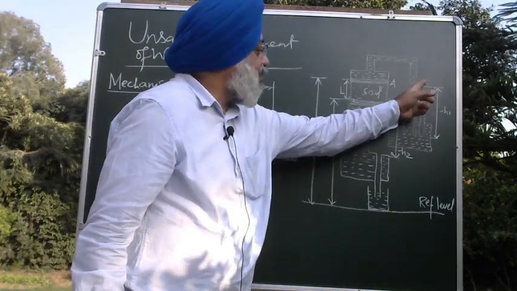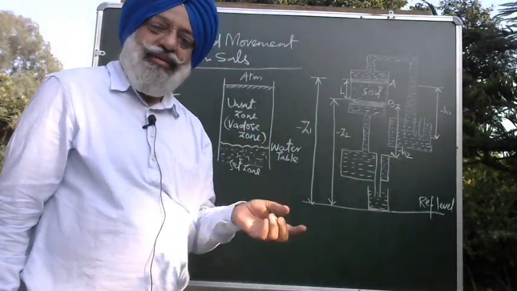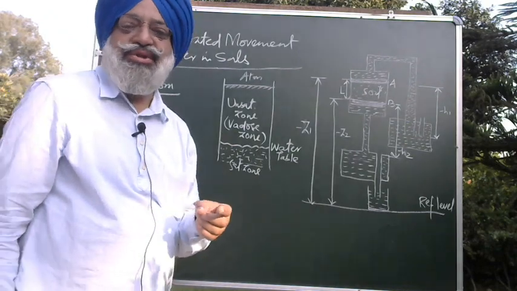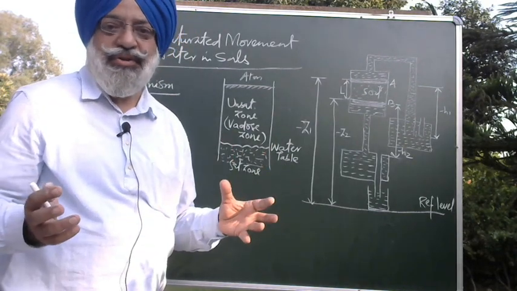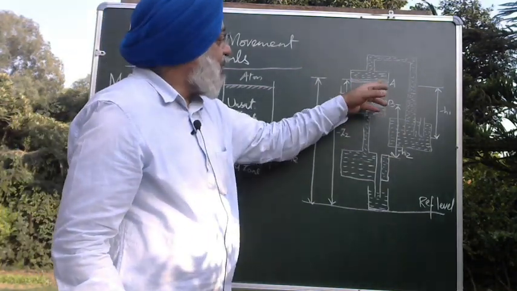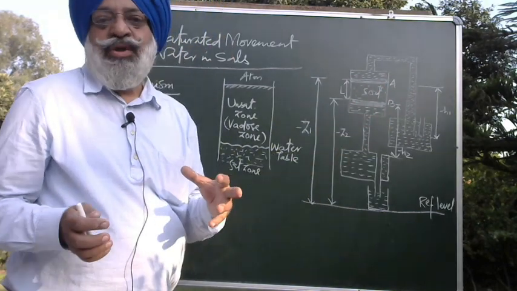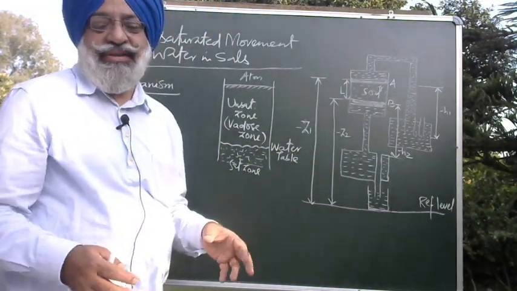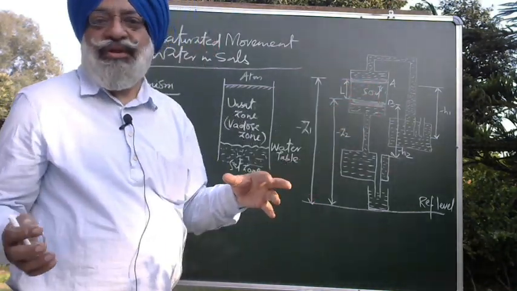So we have tried to show the negative hydrostatic pressure, because in saturated conditions the water movement was under the influence of positive hydrostatic pressure or positive pressure potential. Now it is an unsaturated zone, and here you can see these dark, this is basically the ceramic plates, semi-permeable plates, through which the water moves under controlled conditions.